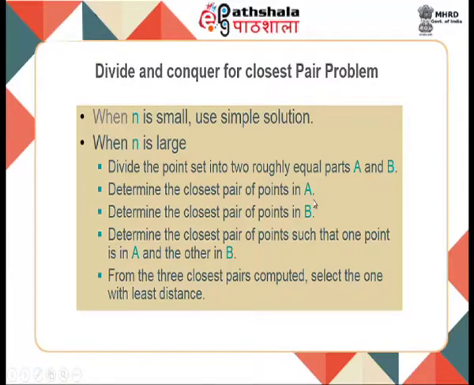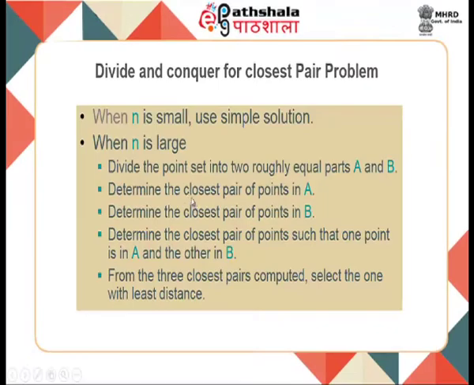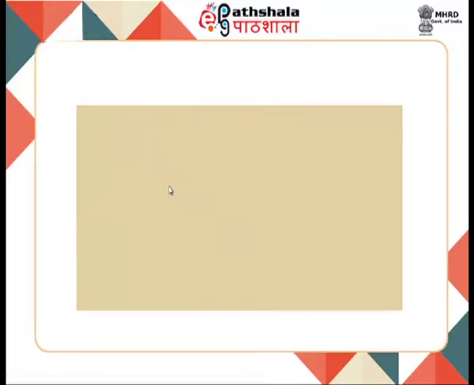We find the closest pair in the first set A and the second set B. Then we find the closest pair of points where one point is in one set and the other point is in the other set. Finally, once all these closest pairs are computed, we find the pair for which the distance is the minimum. This is what the divide and conquer strategy is all about.